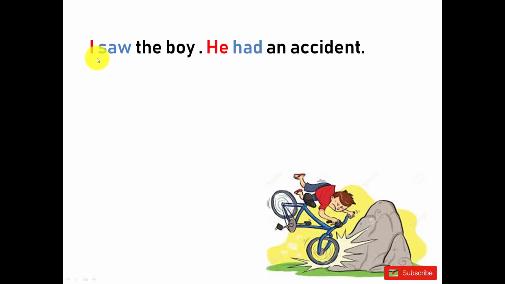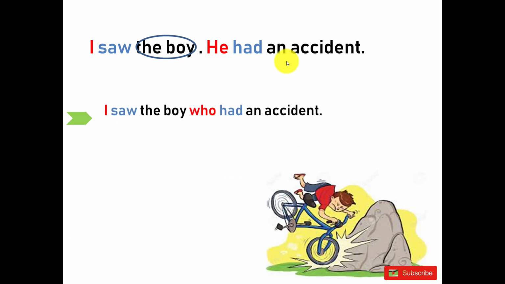I saw the boy. He had an accident. What are we talking about here? Great, we're talking about the boy. Who had the accident? It's he. We're talking about the boy who had the accident. So to join the two sentences and make them one, we can say I saw the boy who had an accident. So what happened here?